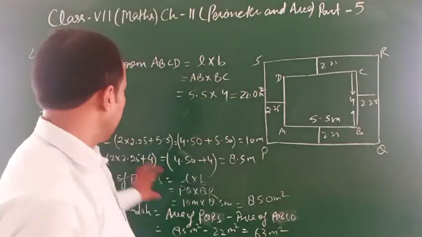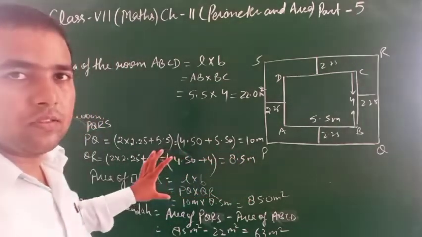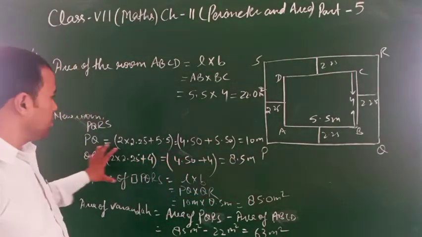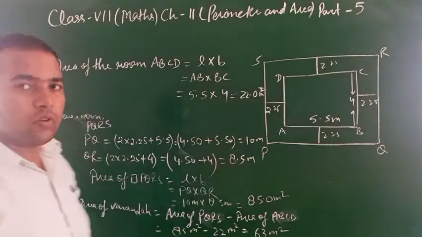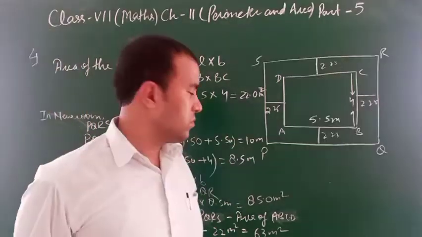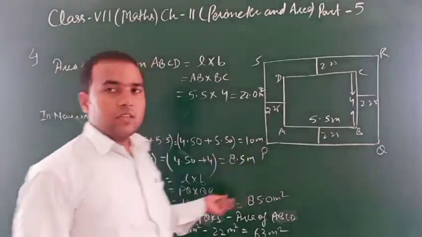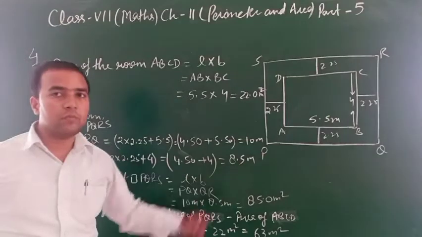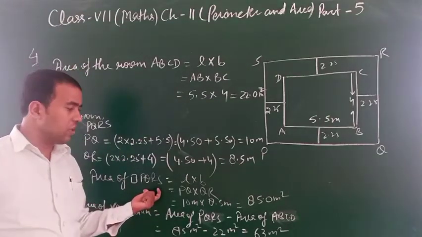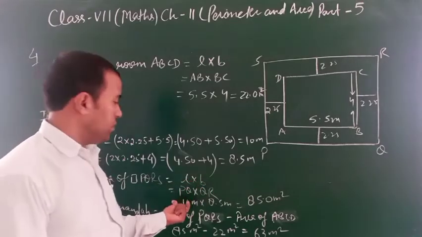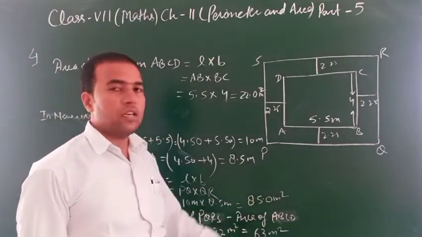Then area of PQRS. PQ equal to 10 meter, QR equal to 8.5 meter. Area of PQRS is L into B, PQ into QR, 10 meter into 8.5 meter means 85.